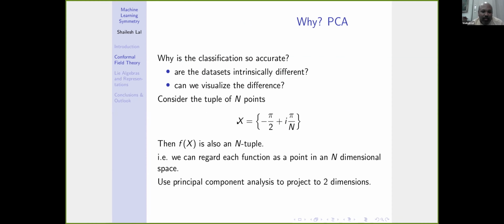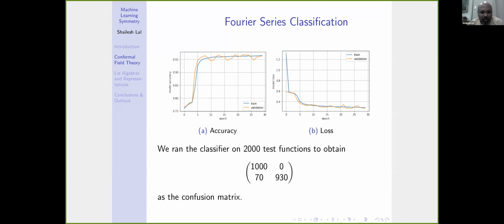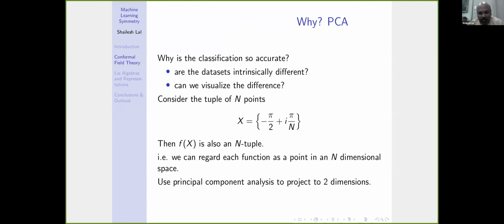And of course, the question is, why does this work so well, even though you have this very minimal data and a really tiny neural network? Are these data sets intrinsically different, and can we actually visualize the difference? Actually, that can be done.